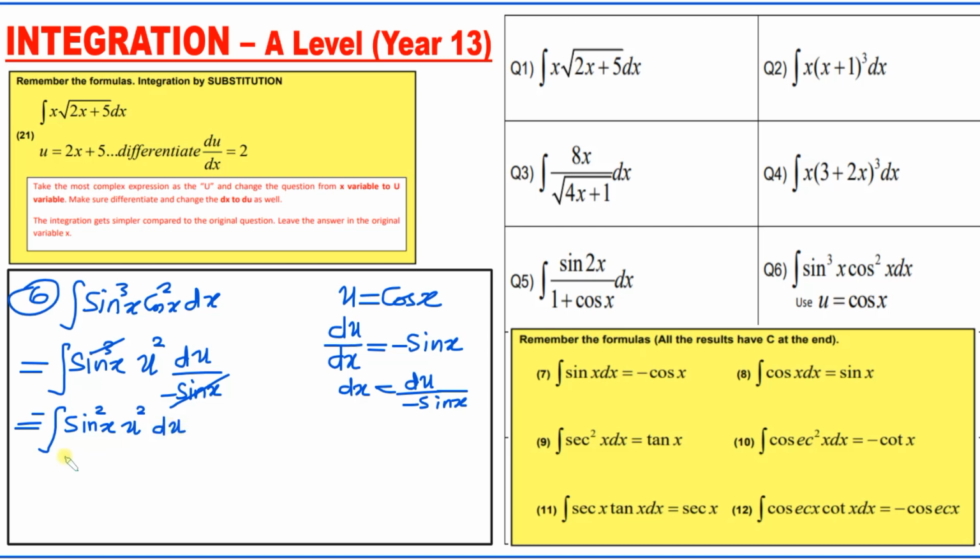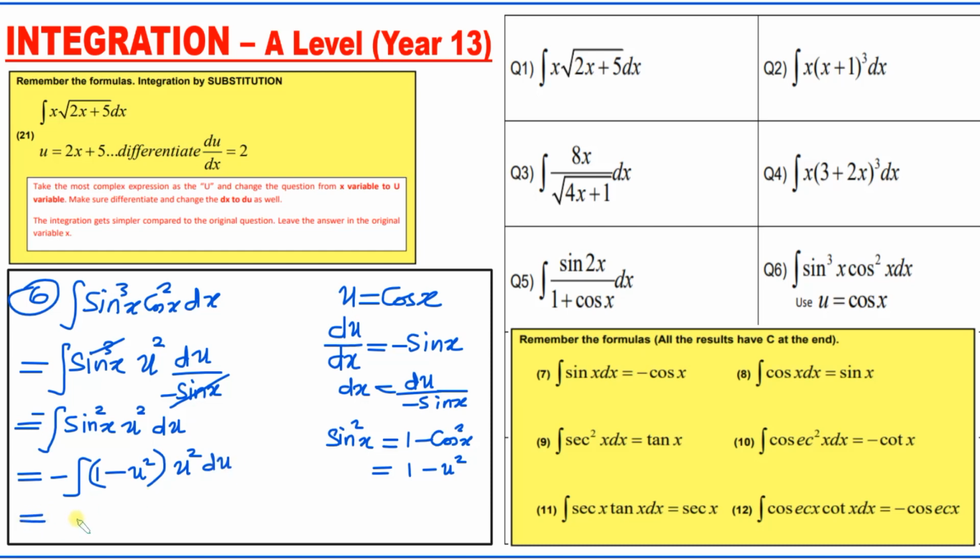I leave the minus outside, don't want to think about that complexity. So du. Now the only problem I have is sine squared, and I need to rewrite that. We all know sine squared is 1 minus cos squared, so that is 1 minus u squared. So I rewrite it with the minus outside the integration, 1 minus u squared for the sine squared, and then another u squared du.